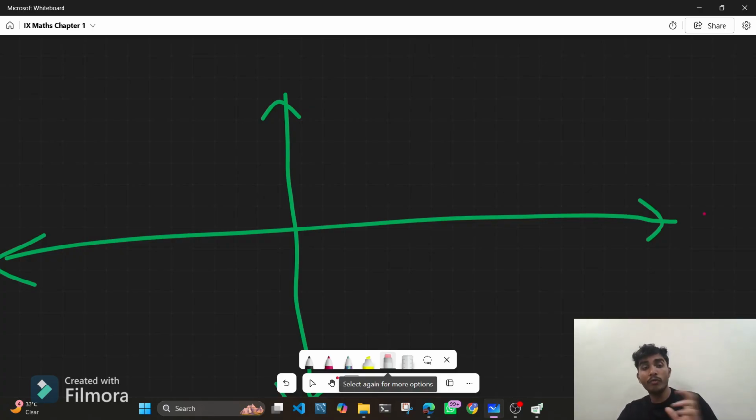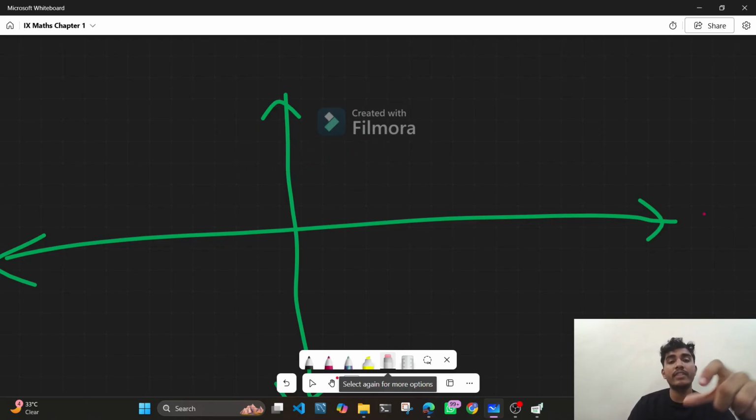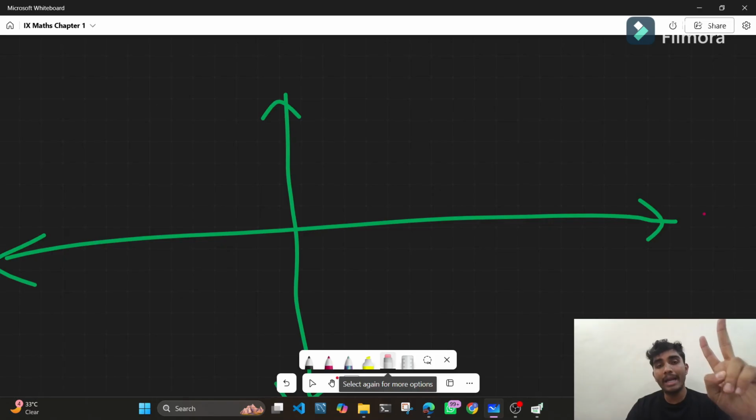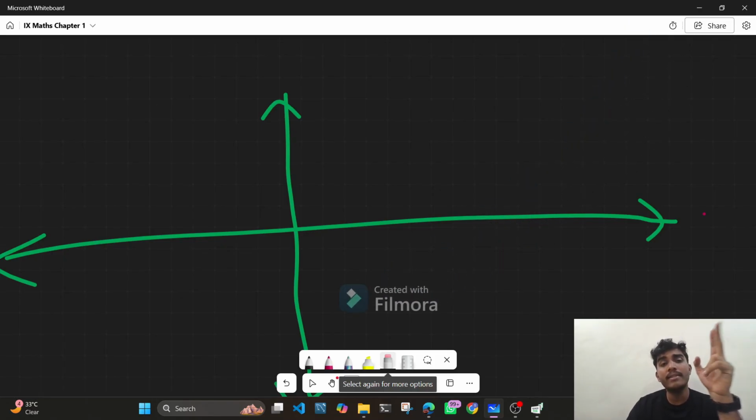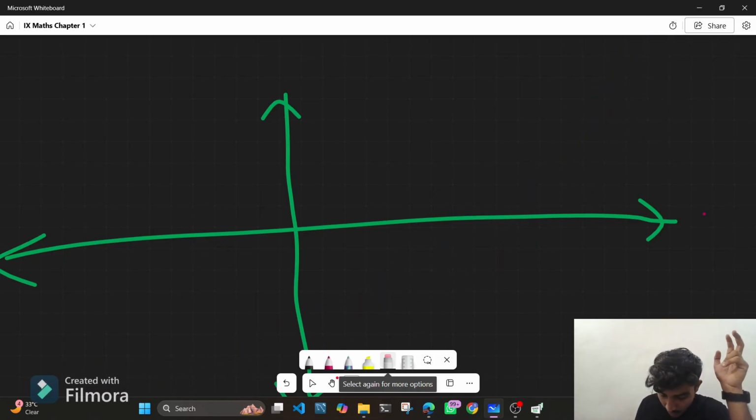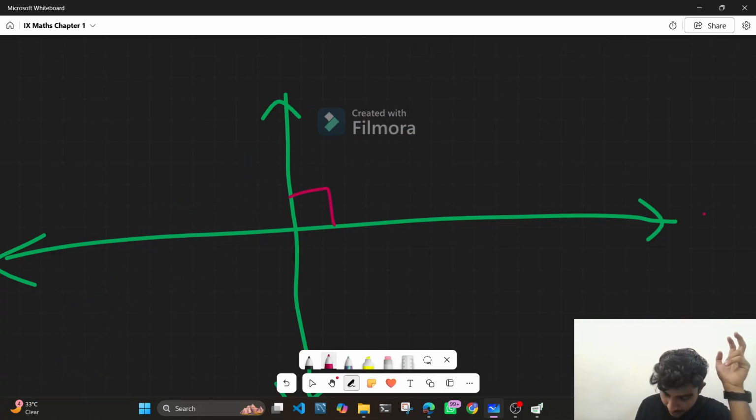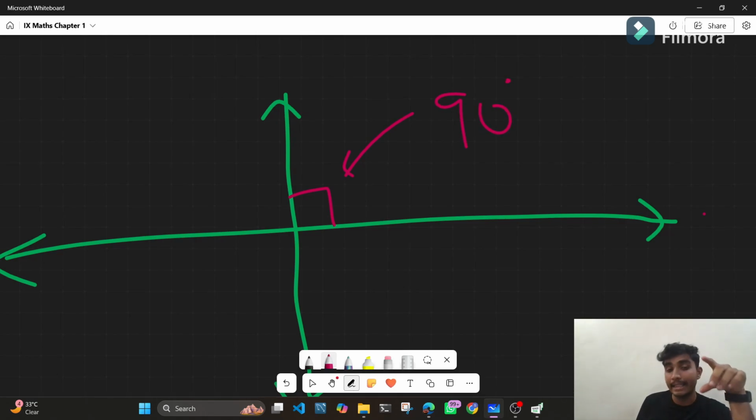So what is 2D? As we saw, for 1D we use a number line. For a 2D coordinate system, we use two number lines that are at right angle to each other. What does a right angle mean? The angle between the two lines is 90 degrees.